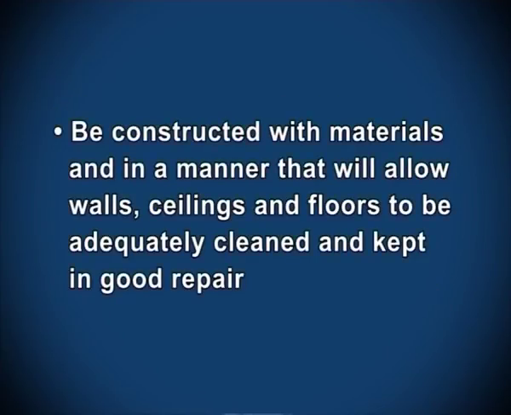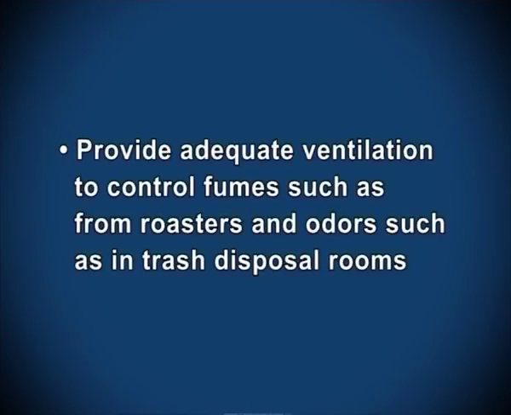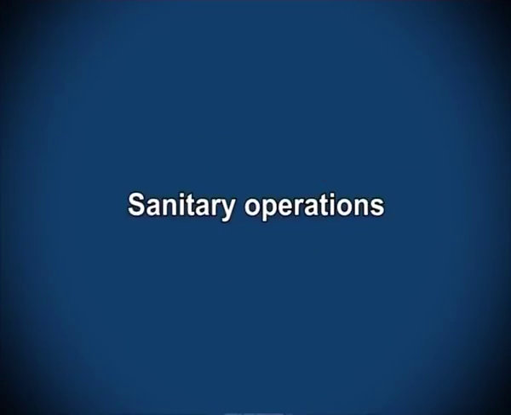Be constructed with materials and in a manner that will allow walls, ceilings and floors to be adequately cleaned and kept in good repair. Provide adequate ventilation to control fumes such as from roasters and odors such as in trash disposal rooms.